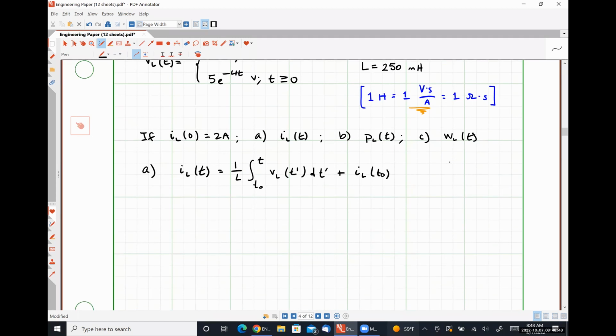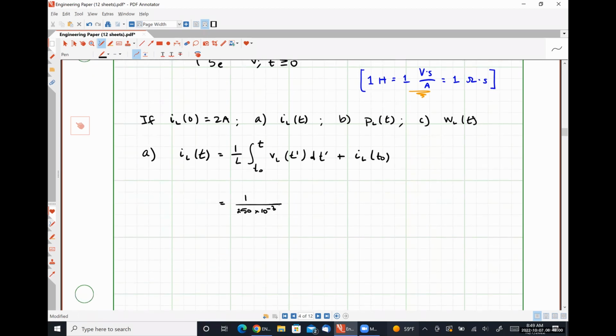So if we substitute in our values here, this is going to be 1 over 250 times 10 to the minus 3. And if a Henry is a volt second per ampere, then our unit should look like volt seconds here and amperes up here. So let's start with, are we okay with that?